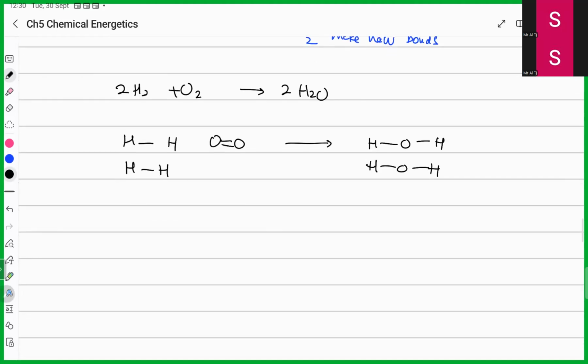The first is we cut these bonds. After cutting those bonds, what we have will be 4 free individual hydrogen atoms and 2 oxygen atoms. Those atoms are free to move, then they're going to make new bonds. So first, break bonds, then make bonds.